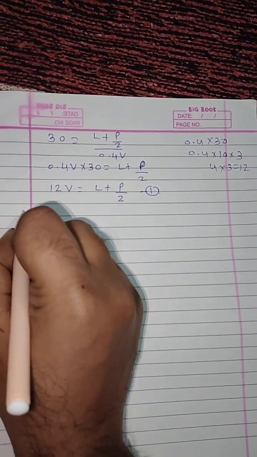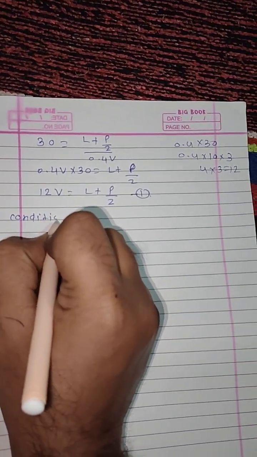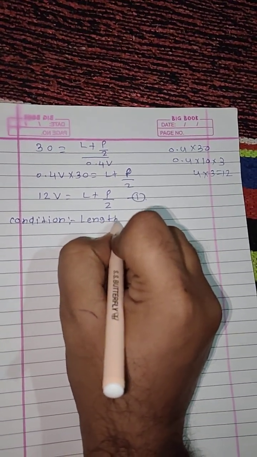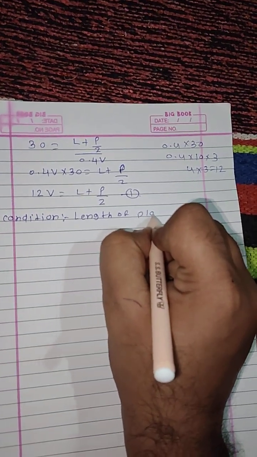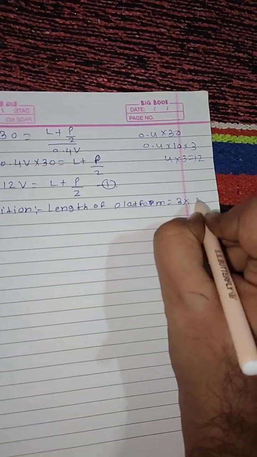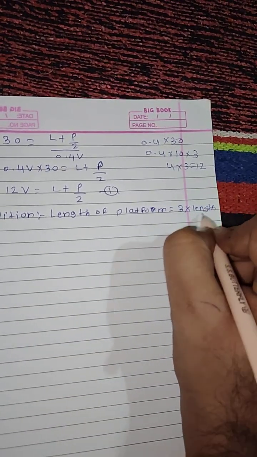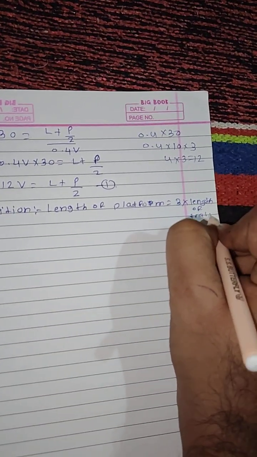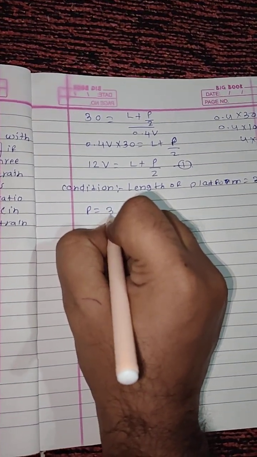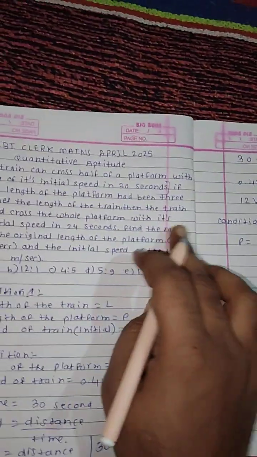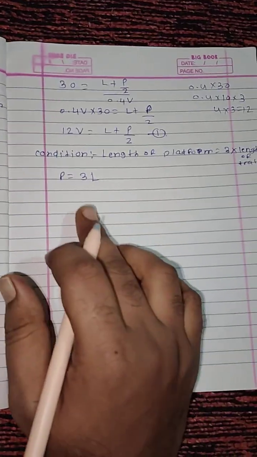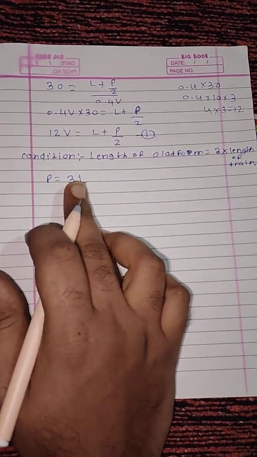So, in the second condition, the length of the platform is 3 times the length of the train.